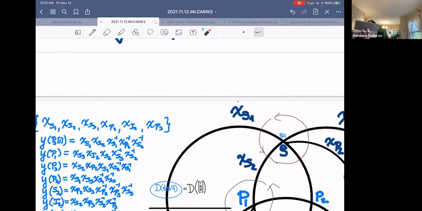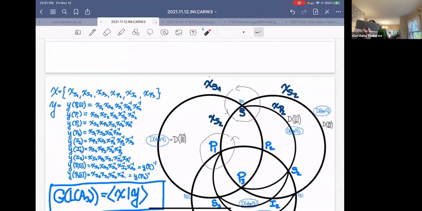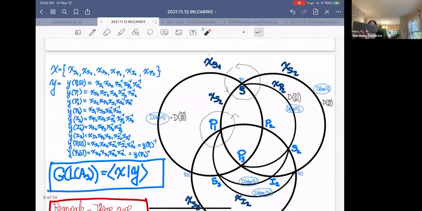This is xp2, so xp2 inverse, and that is this. And if we look at P2, in P2 we'll have only S1, S3, S3 inverse, S1 inverse, S3 inverse, and I just wrote all of them. Notice that the ones around shifted projectives and the ones around projectives are either the same or the inverse of each other, and that is how the group G is defined.